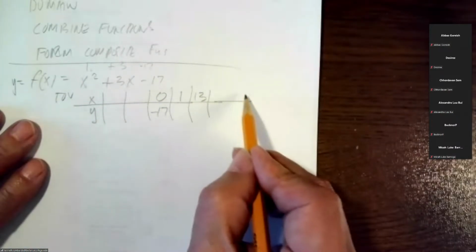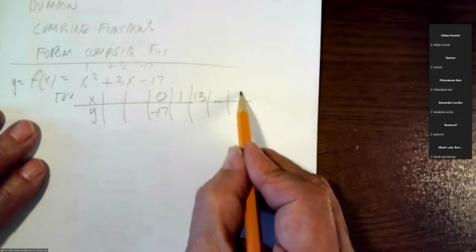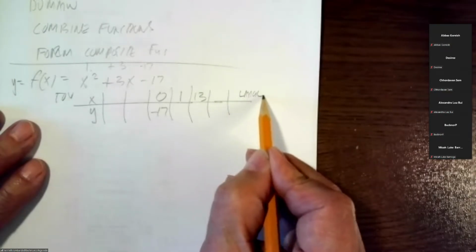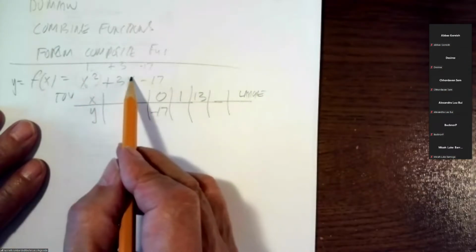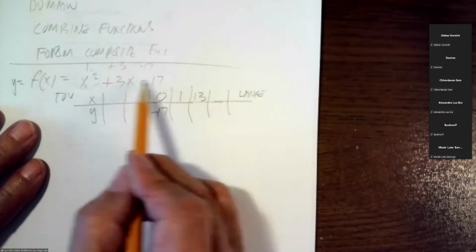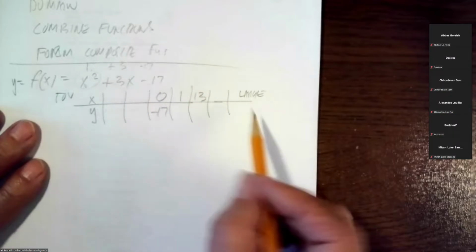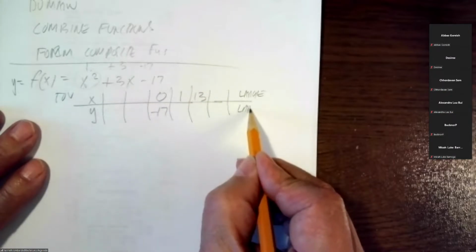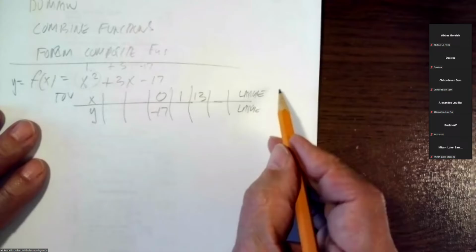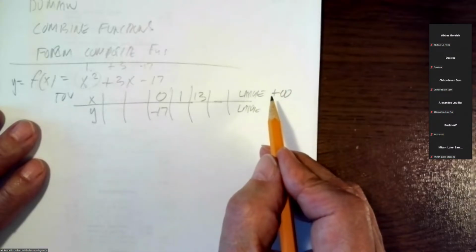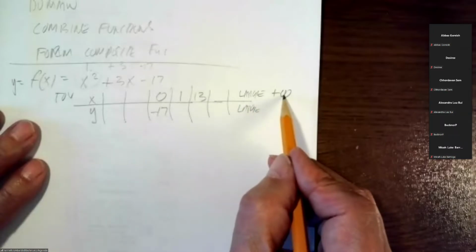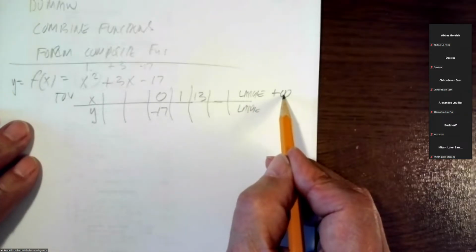Okay, and then x gets some large number. Say x is very large, then x squared is very large, 3x is large, subtract 17, we're still going to have a large number out here. And if x gets very large and goes out towards infinity, anything stopping x from going to infinity?